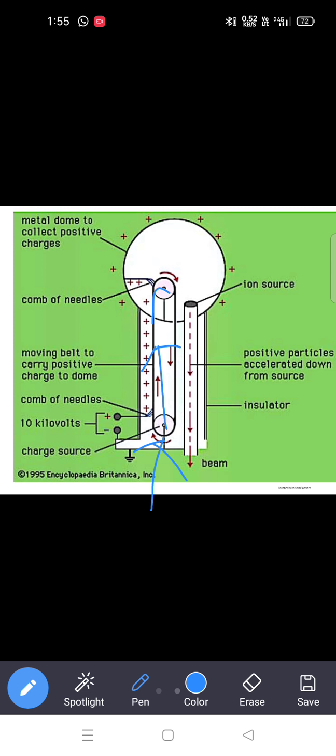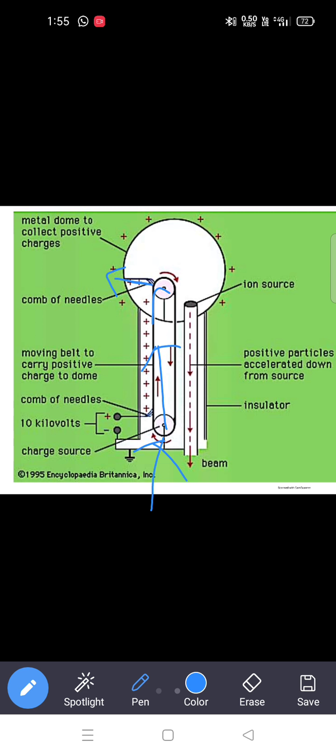The moving belt, driven by an electrical motor, carries the charge up into a hollow sphere, where the charge is taken from the belt by a pointed contact connected to the metal sphere. Here you can see the pointed contact connected to the metal sphere.